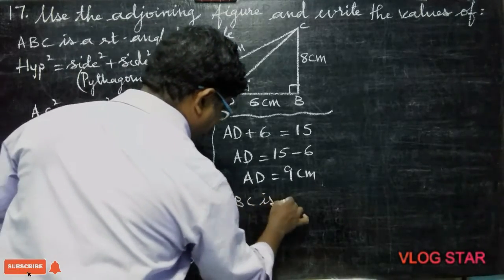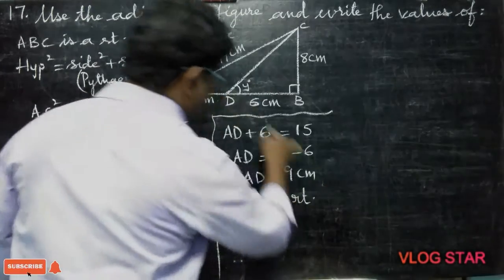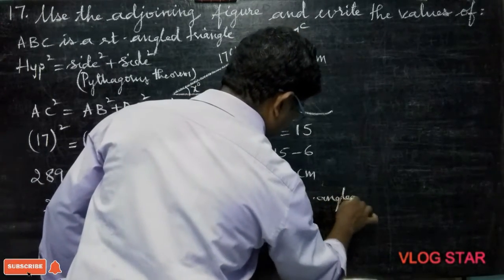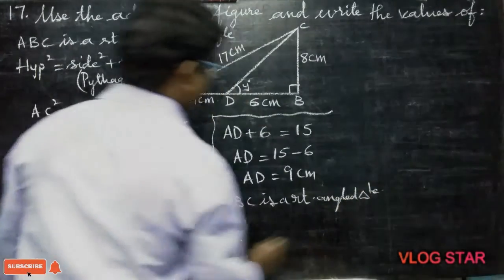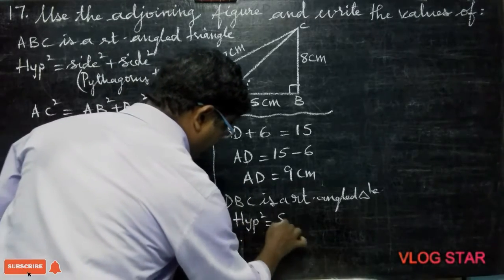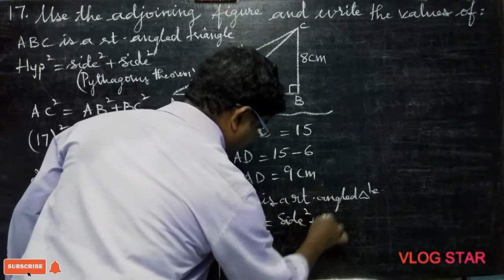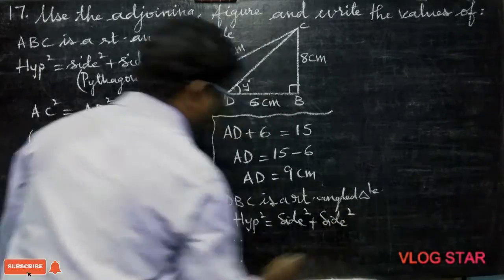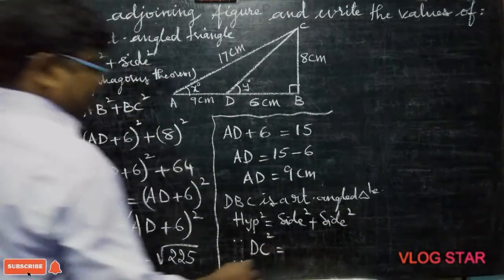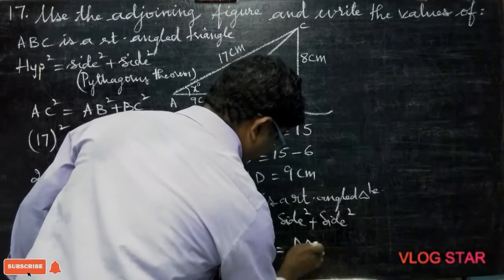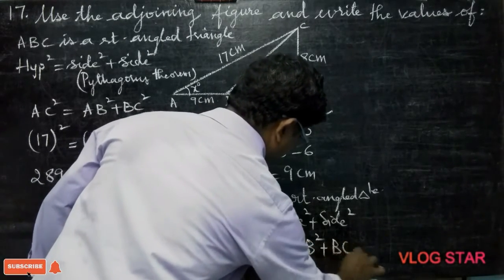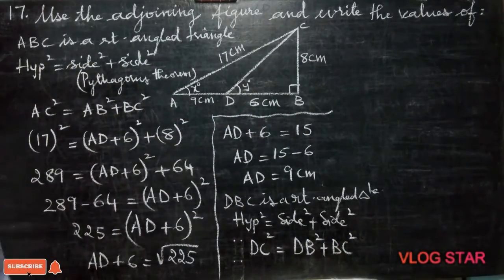DBC is a right angled triangle. This also has a right angle, 90 degrees is there. Here hypotenuse square is equal to side square plus side square. Now DC square is equal to DB square plus BC square. Two right angle triangles are there in this figure.